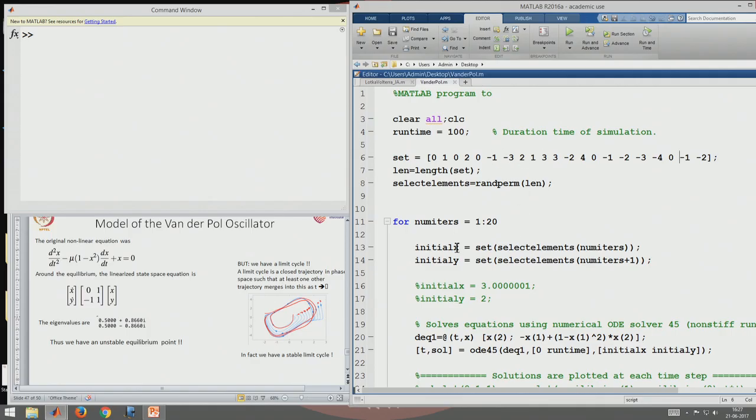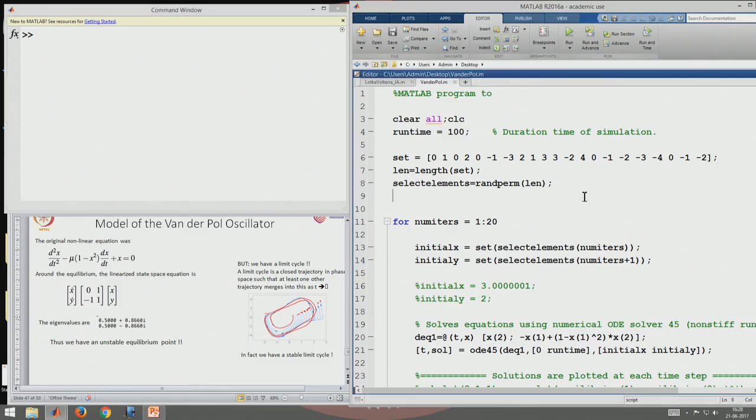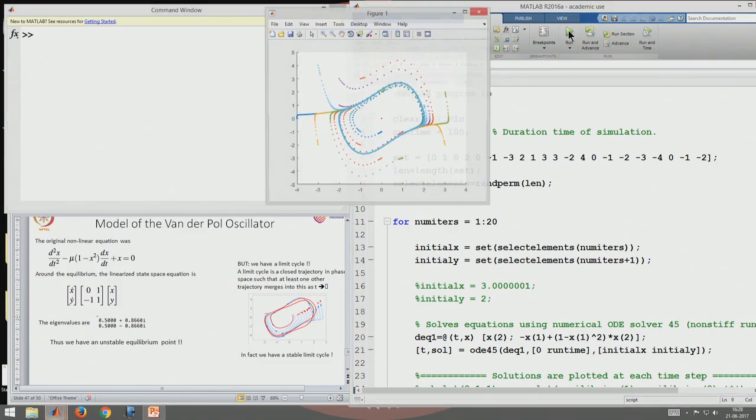So an initial condition could be, for example, 0, 4, or -1, -2, or -1, 4, or 0, 3, and so on and so forth. For each of these initial conditions, when you compute the solution and plot it, you get this.